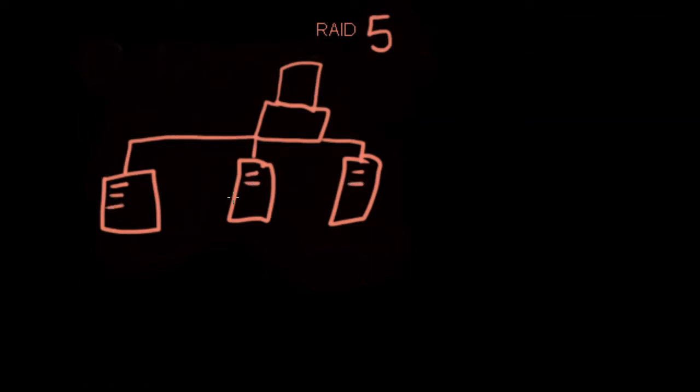So it'll write here, then here, then here. And each of these hard drives will actually have what they call a parity. And a parity is something that helps rebuild the data. So if a hard drive fails, say this one fails, these will actually have info of this hard drive, and it would rebuild the data, so it does have fault tolerance.